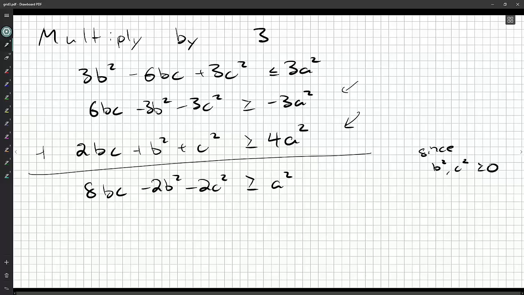If I just add on 3b squared and 3c squared, that should do. But then I got this 8bc here that's causing me problems as well, and I don't like that.